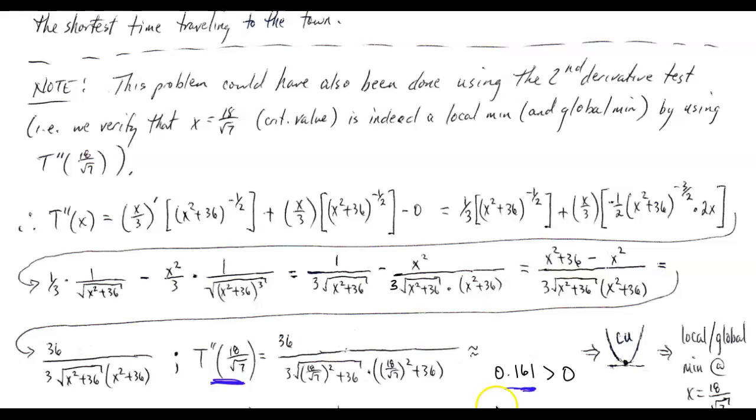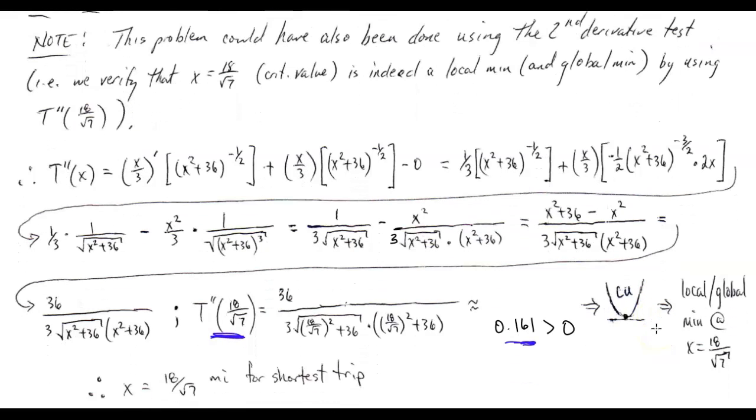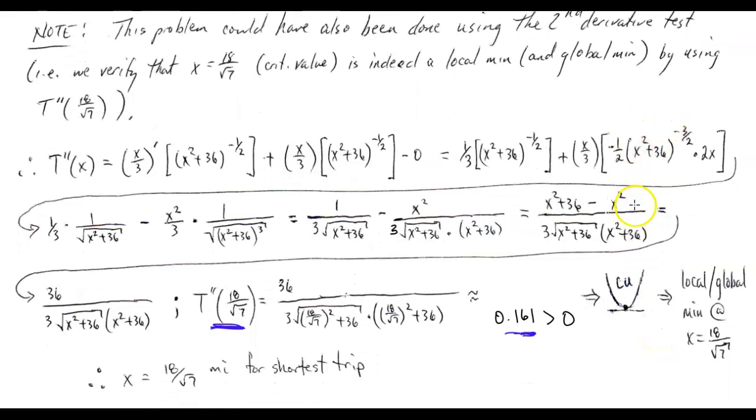And since that result was positive, what we see is that our original function, T of x in this case, would be concave up at the 6.8 mile mark, or the 18 divided by square root of 7 mile mark. And thus that would tell us that we have a local min at the 6.8 mile mark, which also means that we have a global min because it's the only one. Okay, and so that's another way we could have approached this problem.